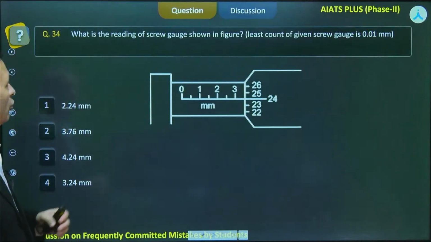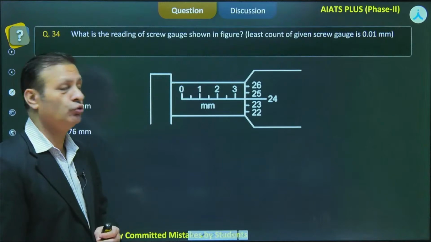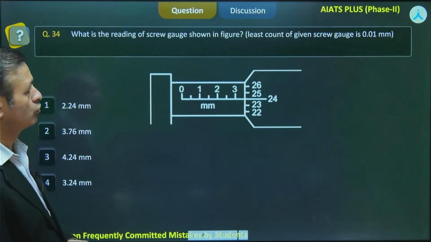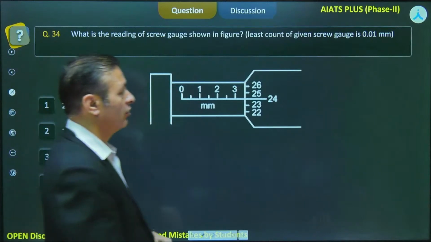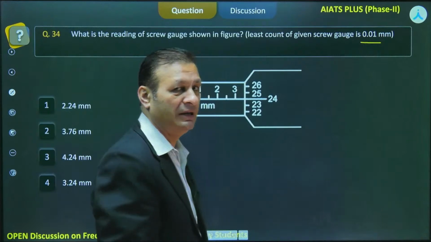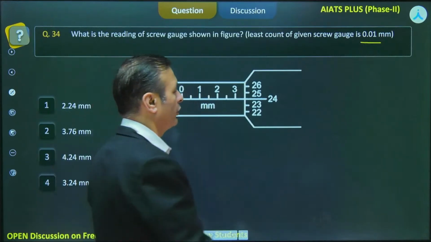Now this is again important. What is the reading of the screw gauge shown in the figure? This is a screw gauge, and the least count of the screw gauge is given to us as 0.01 millimeter. So this is the important point.